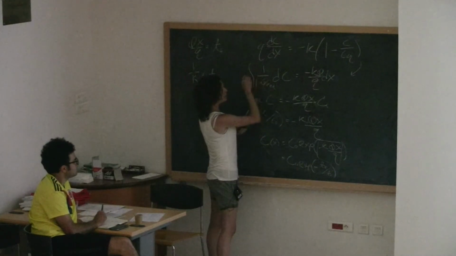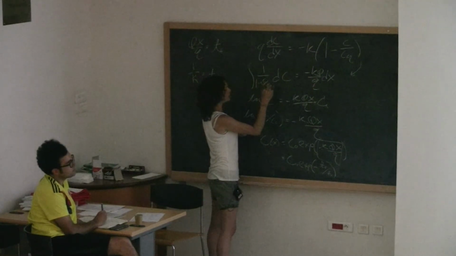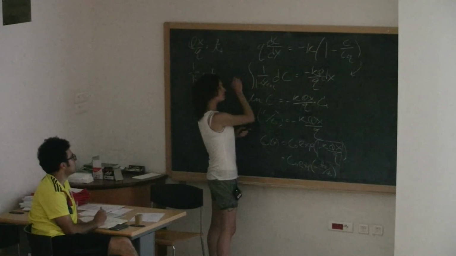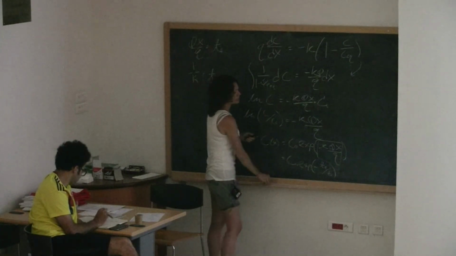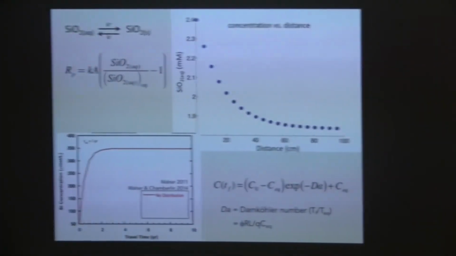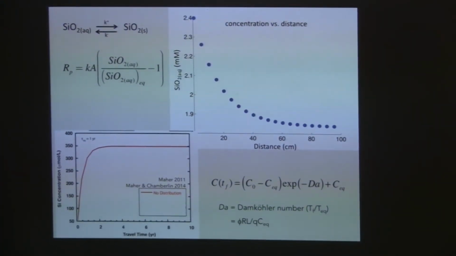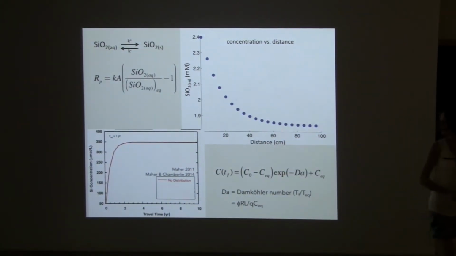You can bring the C eq out, and then it becomes C eq minus C. If that's u, then du is minus 1, so you get a negative sign out here, natural log of C eq minus C. You evaluate the constant, and you get that, which is a solution that probably you've seen around if you've gone into the weathering literature at all.